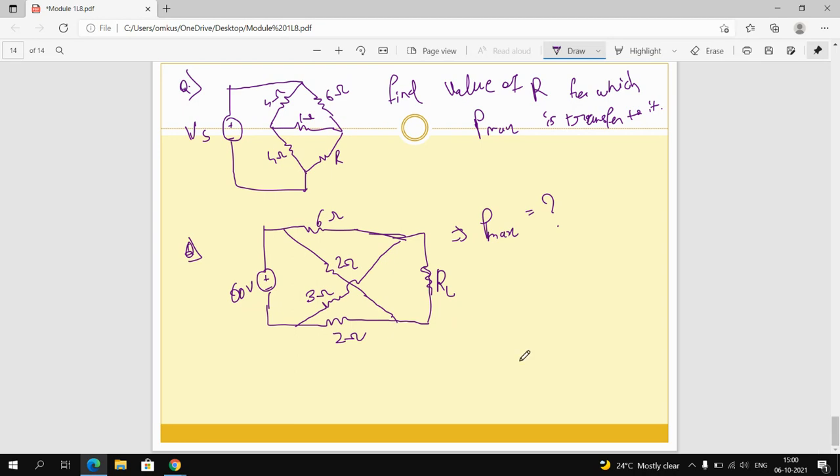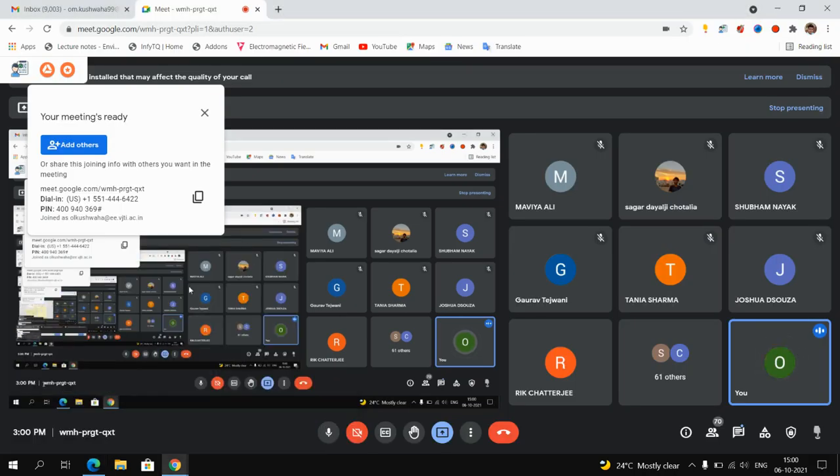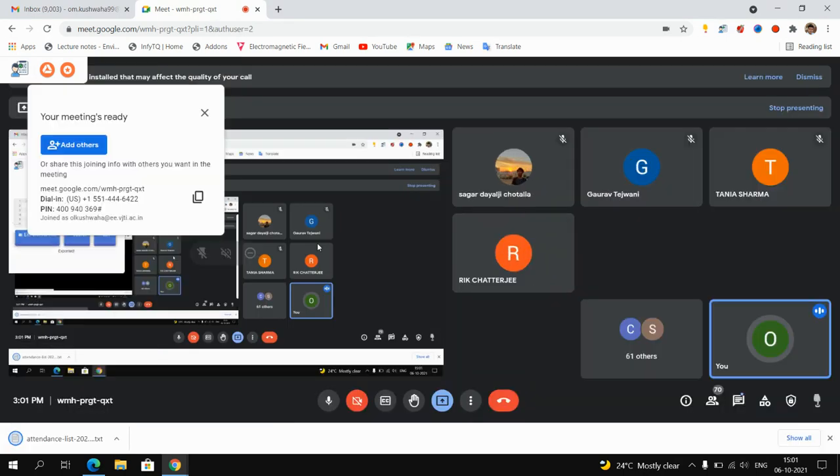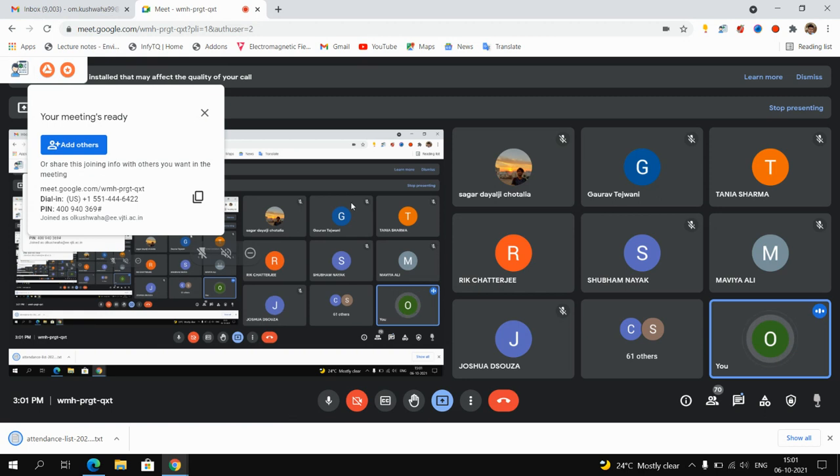Okay, if anyone has any doubt regarding this, you need to ask. आपको पूछना है अगर आपको कहीं पे भी डाउट आता है. See, I will take one quiz once we complete this whole first unit. I will take two quizzes. मैं सोच रहा था कि आपका क्विज के ऊपर से आपकी इंटरनल मार्किंग सेट करूँ, मीन्स आपका परफॉर्मेंस जैसा होगा उस क्विज में. 20 मार्क का क्विज होगा, जैसे 20 मार्क का हमारा इंटरनल होता है आपके लिए.